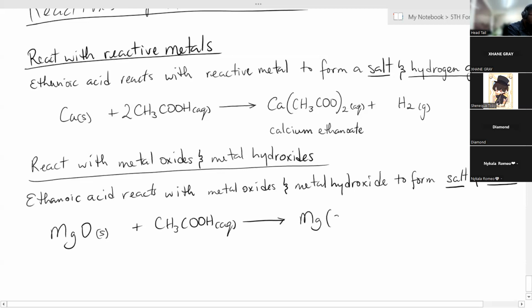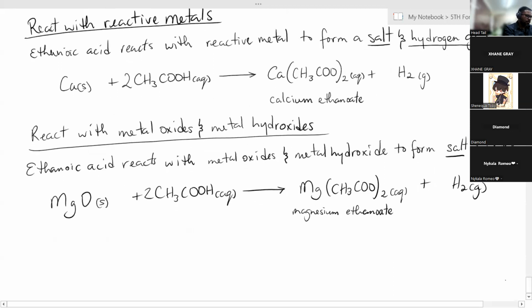Magnesium will now carry a 2+ charge, CH3COO, and they have the 2 here, aqueous, plus hydrogen gas. We put 2 in front here, and the equation balances. And this one here is magnesium ethanoate. So this is an example of a metal oxide reacting with an alkanoic acid.